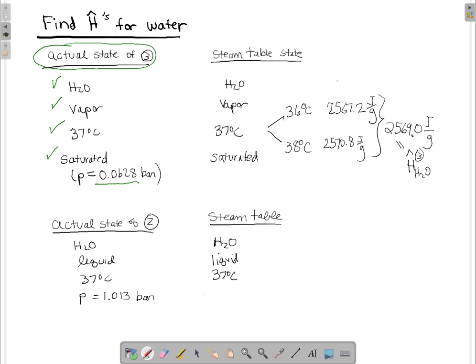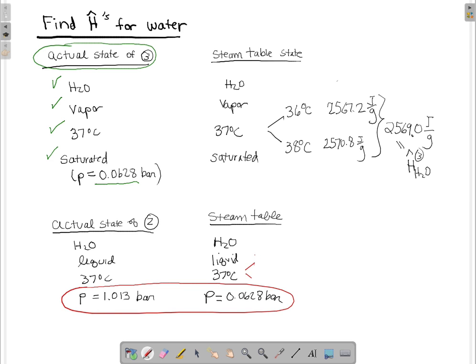Now the problem is the pressure there is 0.0628 bar. So it's not quite the number that we want, because there is this one difference. And again, the table actually shows 36 degrees C and 38 degrees C, so we're going to have to interpolate between the two.